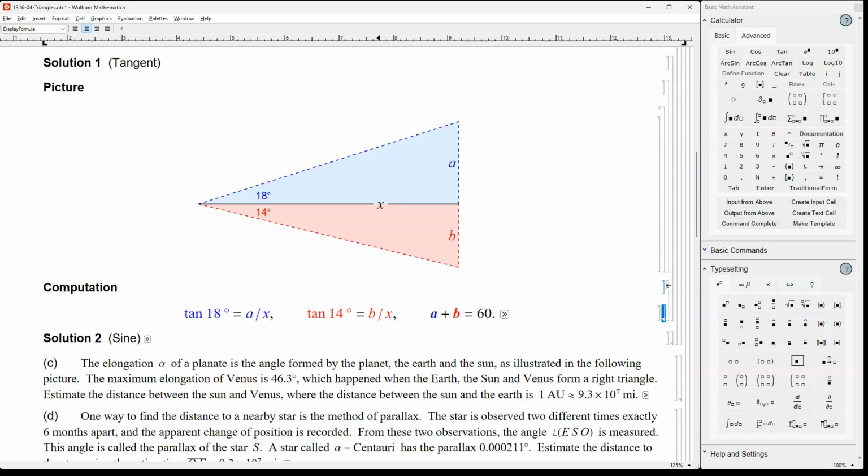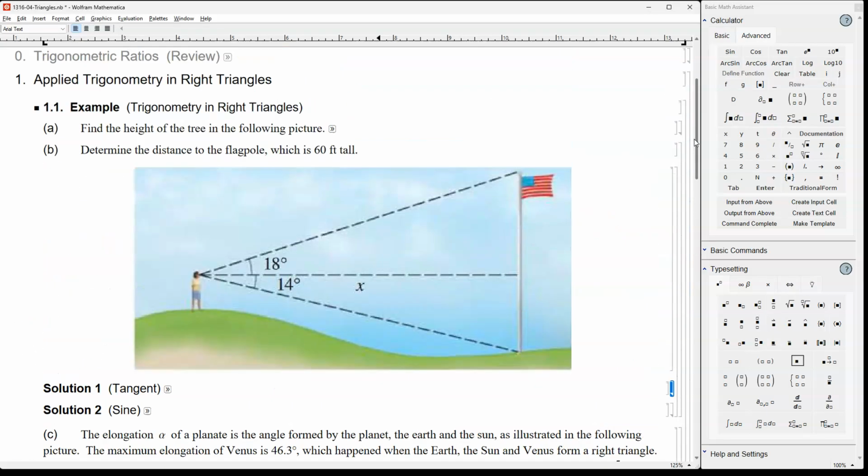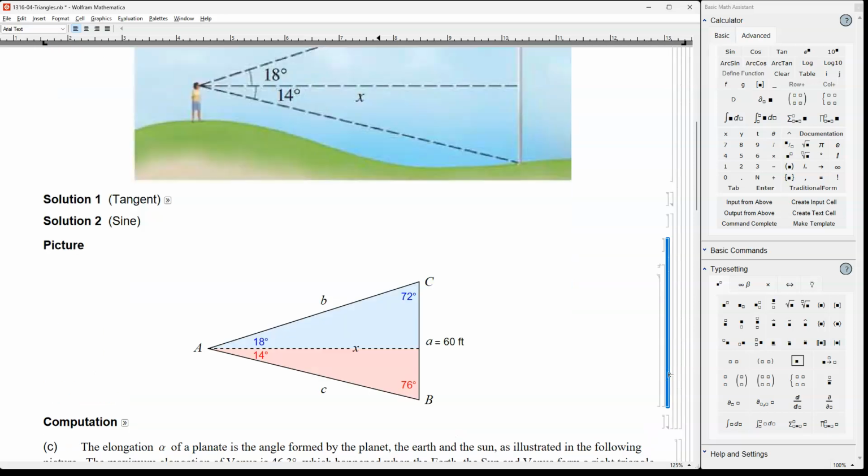Is there any easier way? Yes, there is. Let's approach the same problem, this time using the law of sines. So basically, we are looking at this kind of picture. This time, I'm going to label capital A, capital B, capital C as the angles.